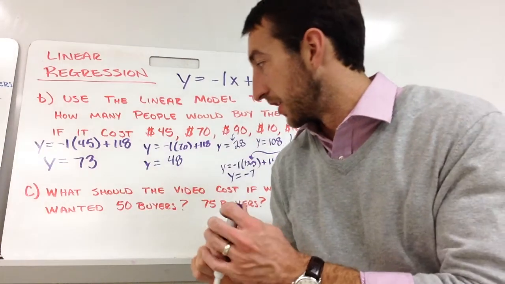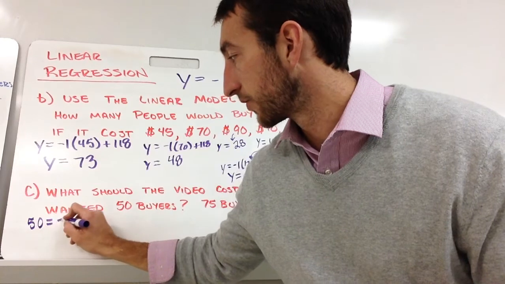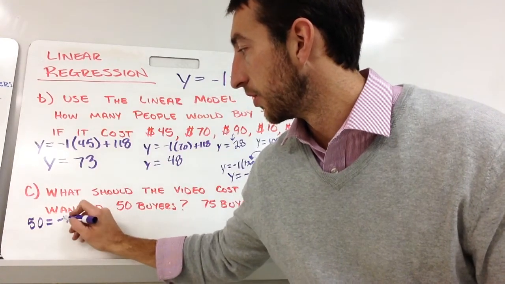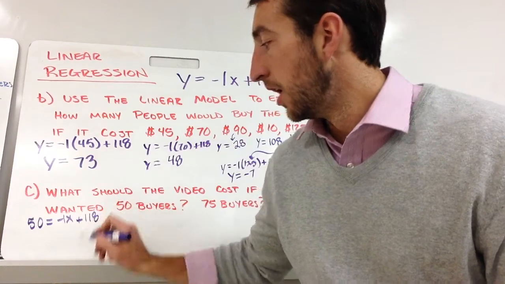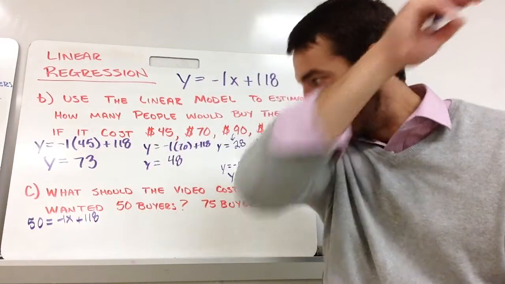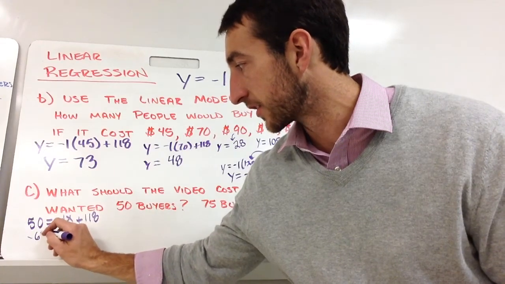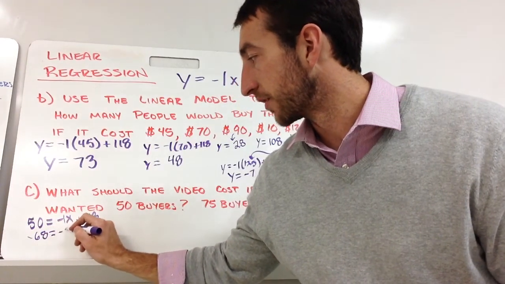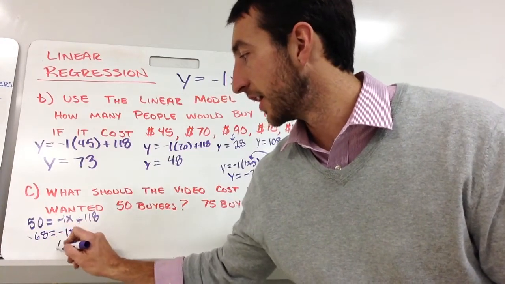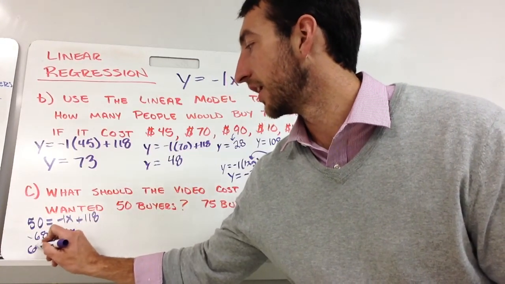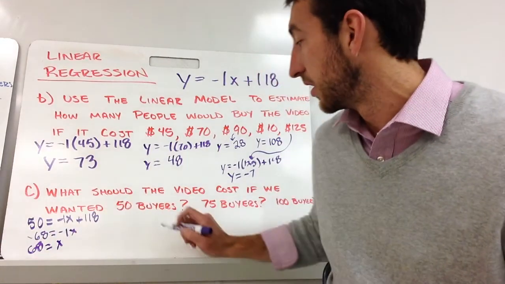So I just sub in 50 for y in y equals negative 1x plus 118. Subtract 118 from both sides, I get negative 68 equals negative 1x. I divide both sides by negative 1, so I get x equals 68. So if I wanted 50 people to buy it, I should sell it at $68.